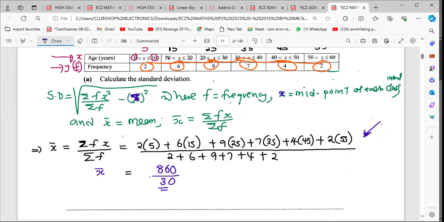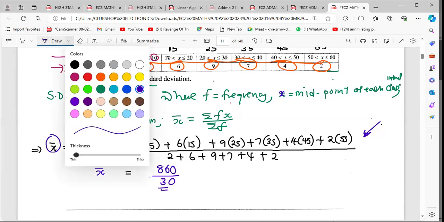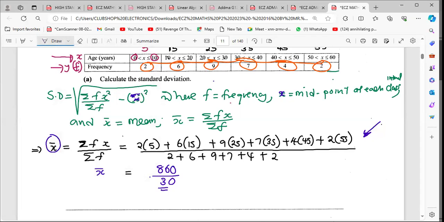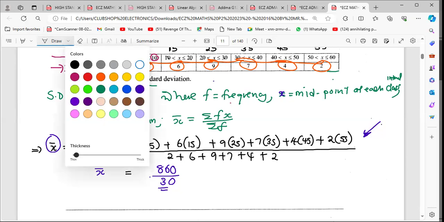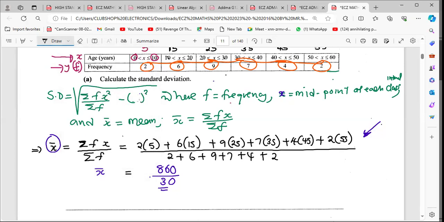What we have done here is the last part. It's the x bar. Is that okay? Yes, sir. It will be easier for you to start with the x bar. I think you have fewer mistakes.